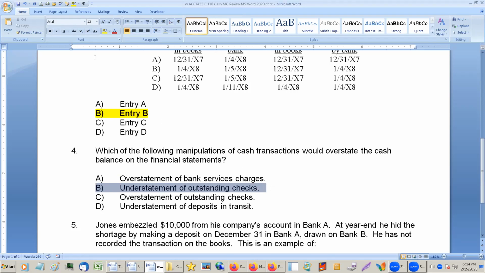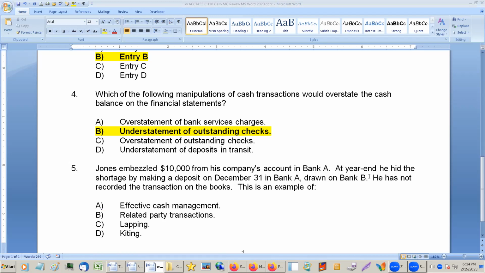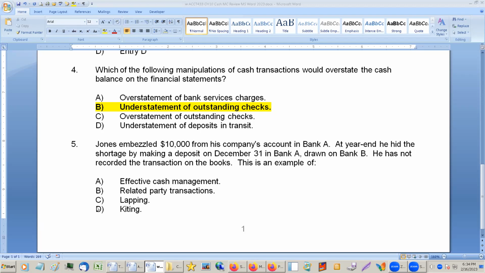Question 4, B is the answer. If you understate the outstanding checks on the bank side, it's going to look like you have a higher corrected balance. So this would be the one that would make it look higher. And the last one, this is it.